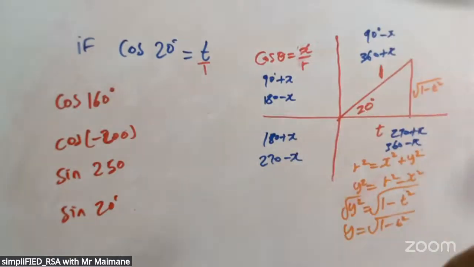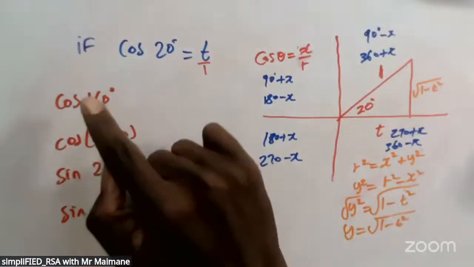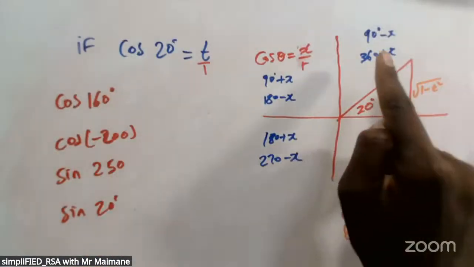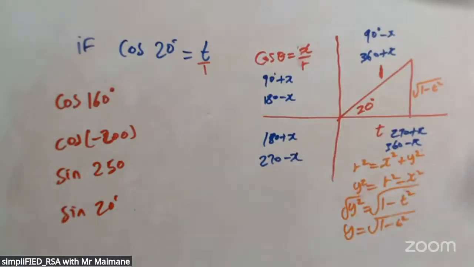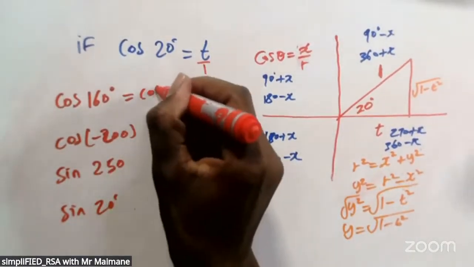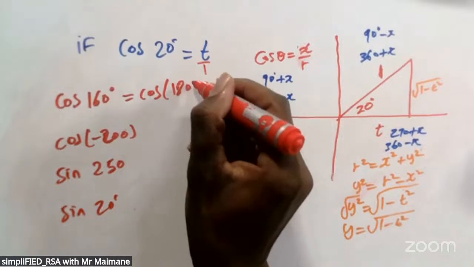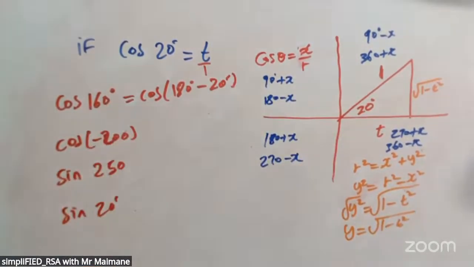So whatever it is, my guidance is that these values allow me to say either 180 or 90 plus, because it works like that. For instance, cos 160 is simply the same as cos of 180 degrees minus 20 degrees, because I will get 160.